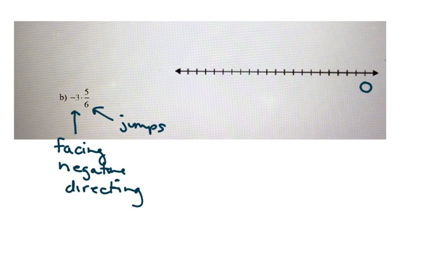Now, how many sections do we need before a full jump? 6. And so we need 1, 2, 3, 4, 5, 6, and this will be -1.